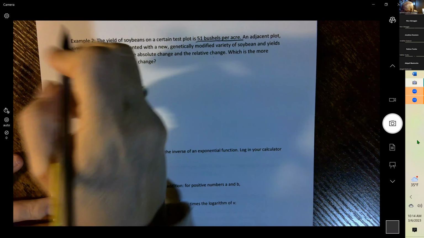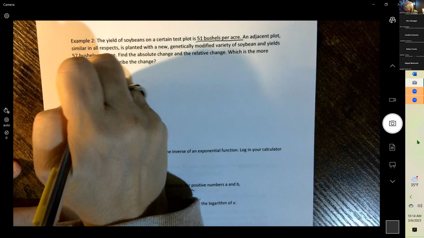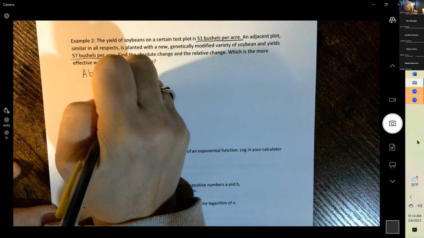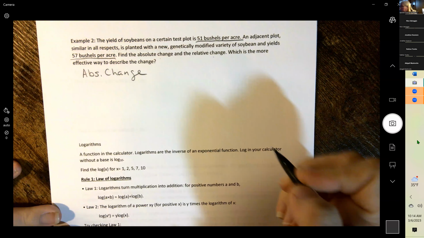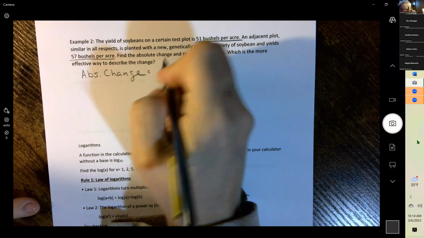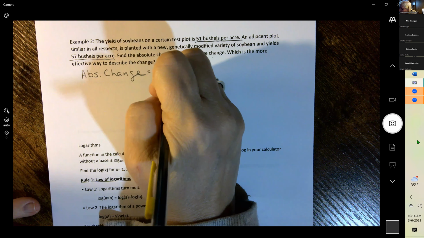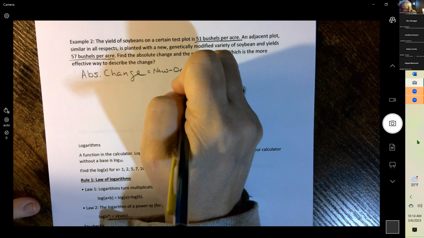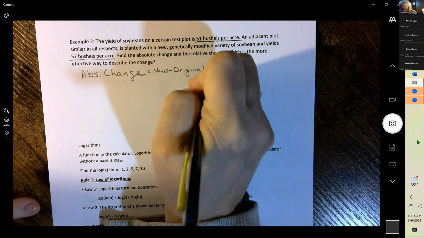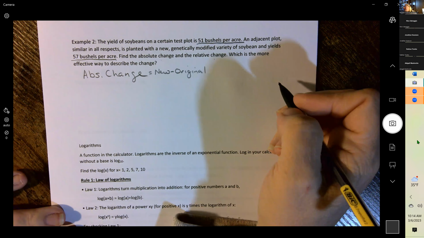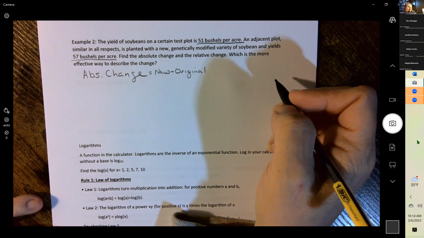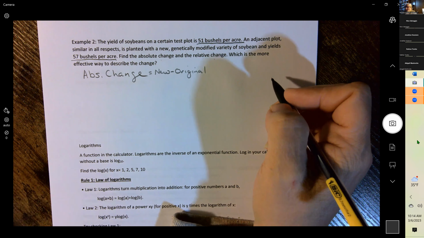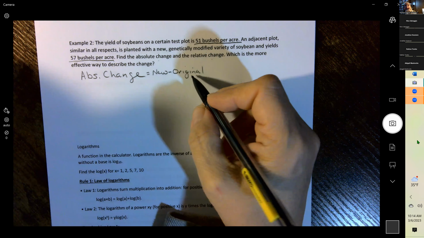So first we find the absolute change. Absolute change, you're just subtracting them. New minus original. They'll also see new minus old, or reference. Sometimes they'll put reference value.